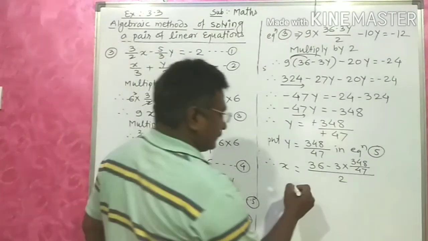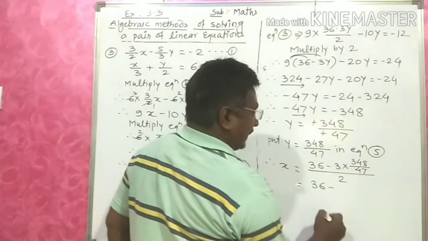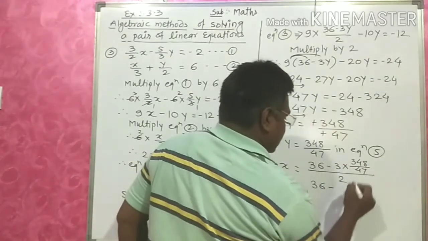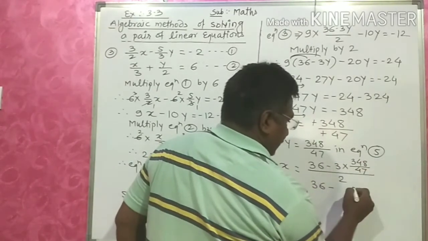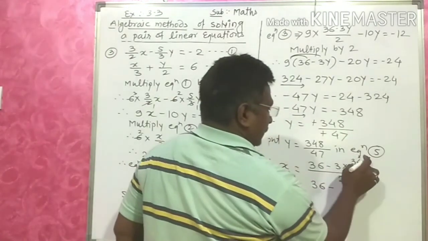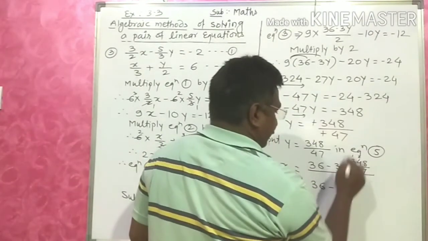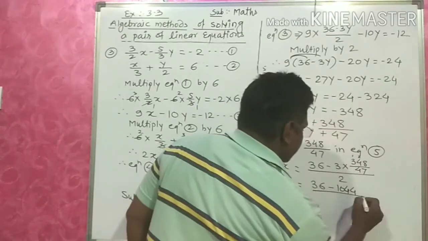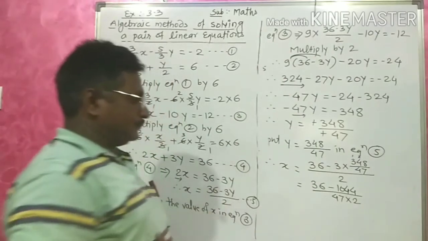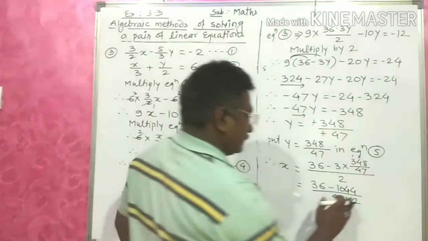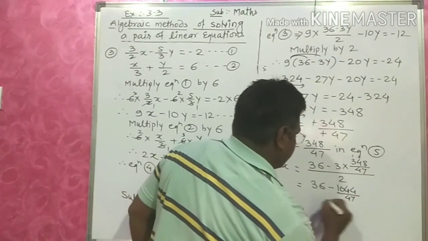So what will we get? 36 minus 3, multiply here, 3 8s are 24, 3 4s are 12, 12 plus 2, 14, 9 plus 1, 10, by 47 into 2. Sorry, here 47, here by 2.